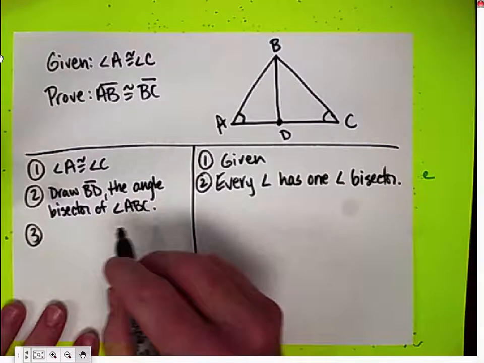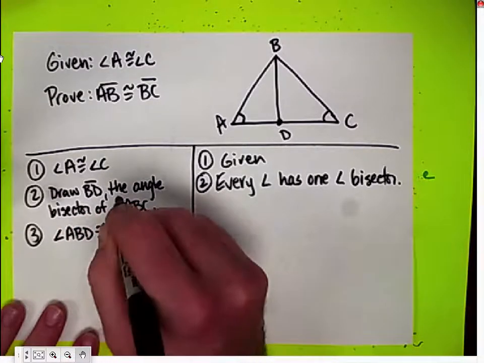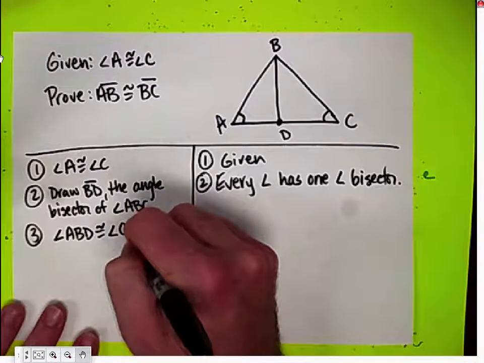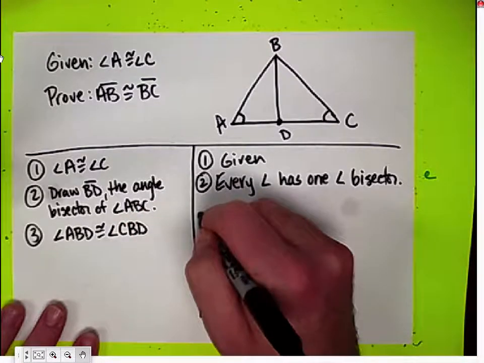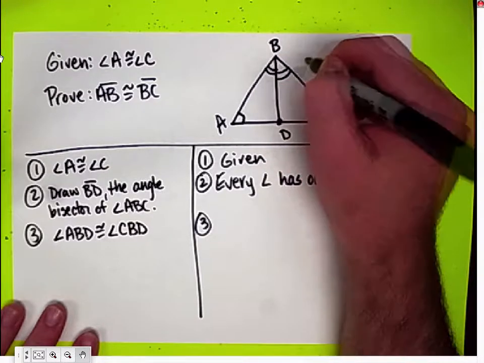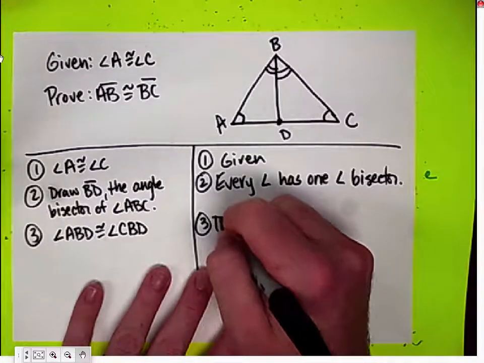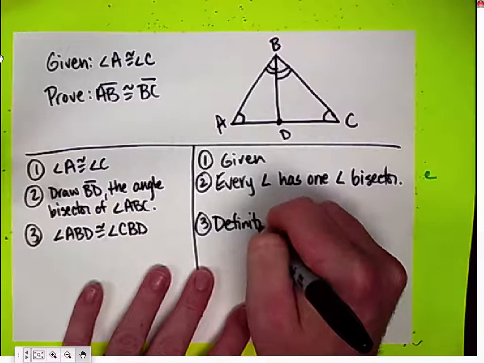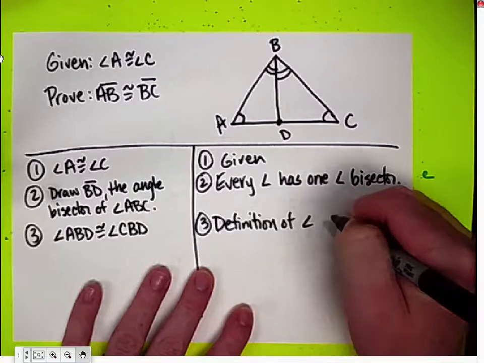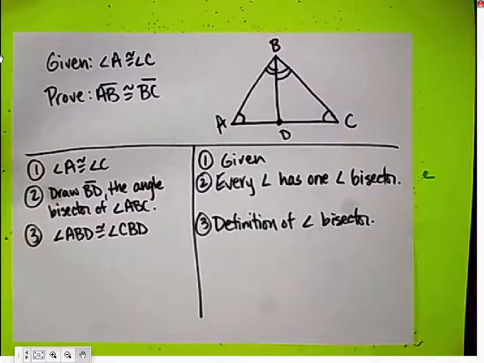We know that angle ABD is congruent to angle CBD. What's the reason for that? Definition of angle bisector. The definition of angle bisector says that it is a line that cuts an angle into two congruent angles.